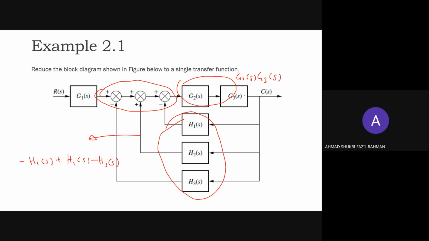Okay, so in the end the circuit can be something like this.